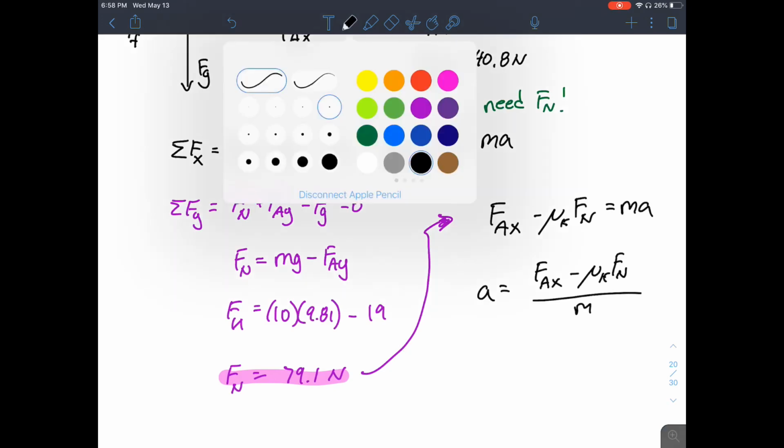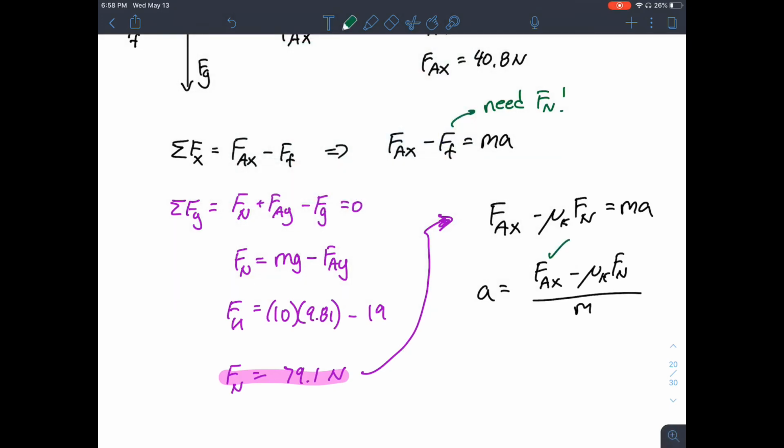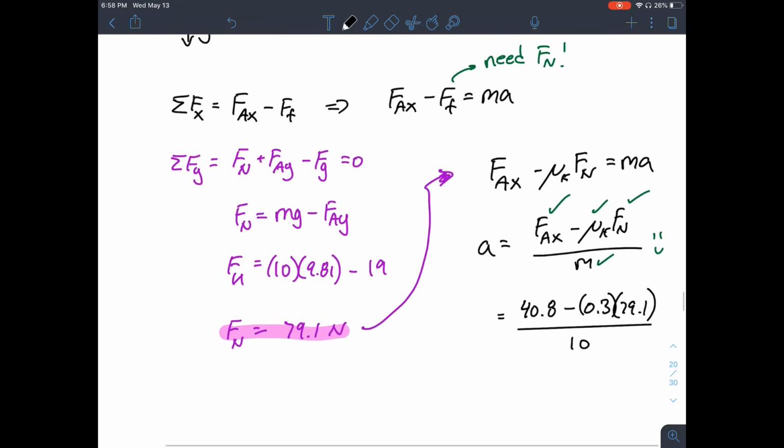We know what our FAX is, we know our coefficient of friction, we know our normal force, and we know our mass, which makes us super happy. So let's just plug and chug this. We've got our 40.8 x component, we've got our 0.3 coefficient of friction, we've got our 79.1 newton normal force, and we've got our 10 kilogram mass, which gives us an acceleration of 1.71 meters per second squared.